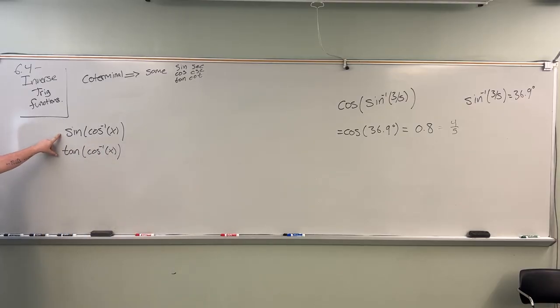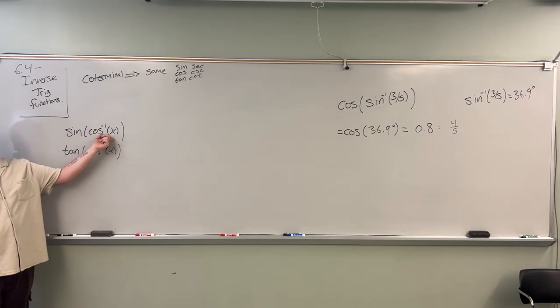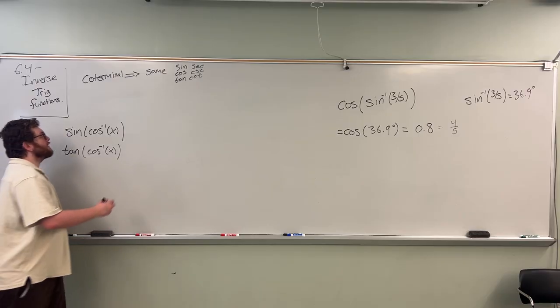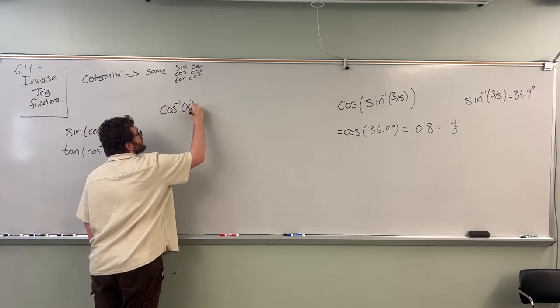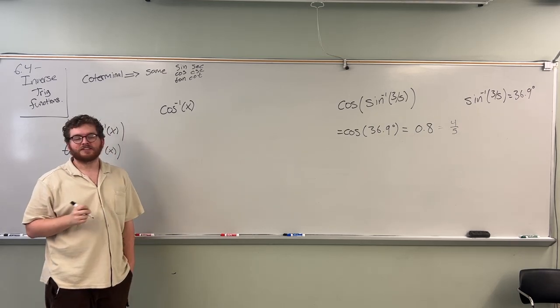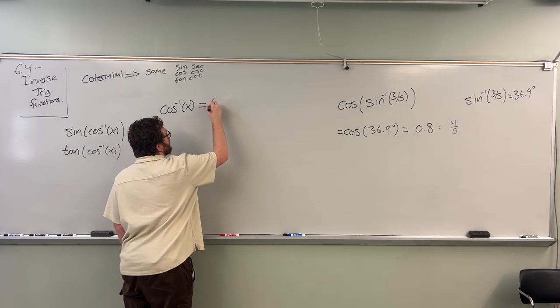I'll start with this one first, even though the angle for them is both the same. Remember that sine takes an angle as an argument, right? So that means that my inverse cosine of x is an angle. That makes sense. Inverse cosine spits out angles. So I'm going to call this some angle theta.